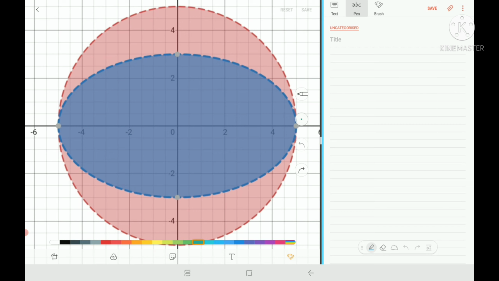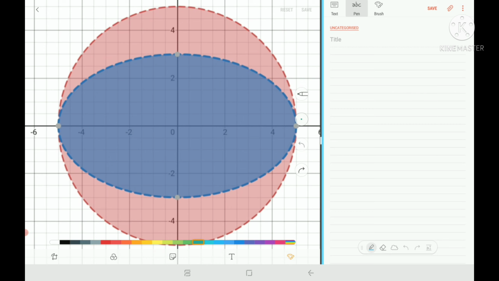For the specific case of the ellipse that I have drawn, its x coordinate can at max vary till plus 5. It ranges from minus 5 to plus 5, and so does the x coordinate for the circle. So we can safely assume that the x coordinate is a cos theta.